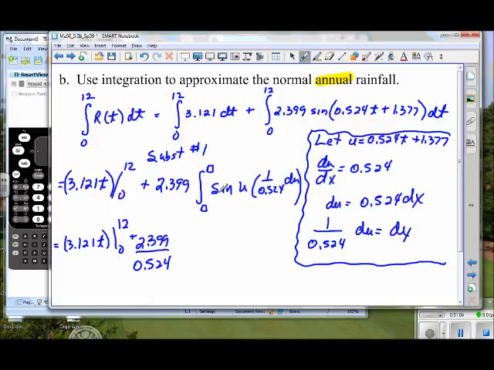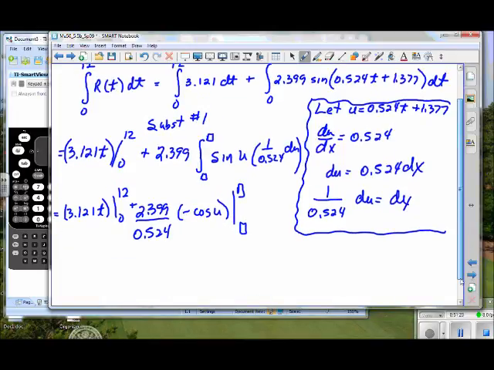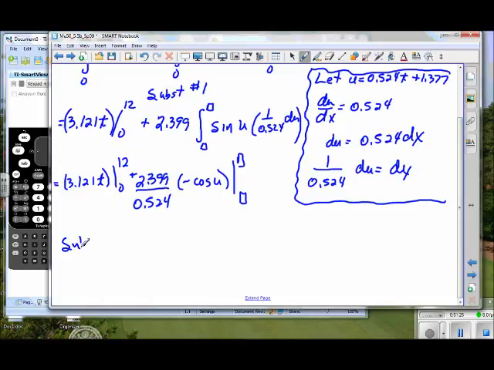What's the integration of the sine of u? Well, again, what function would give us the derivative of sine u, and that would be negative cosine u. And we would integrate then this piece from, whatever those boundaries are. Let's do our second substitution so we can get back into terms of t.